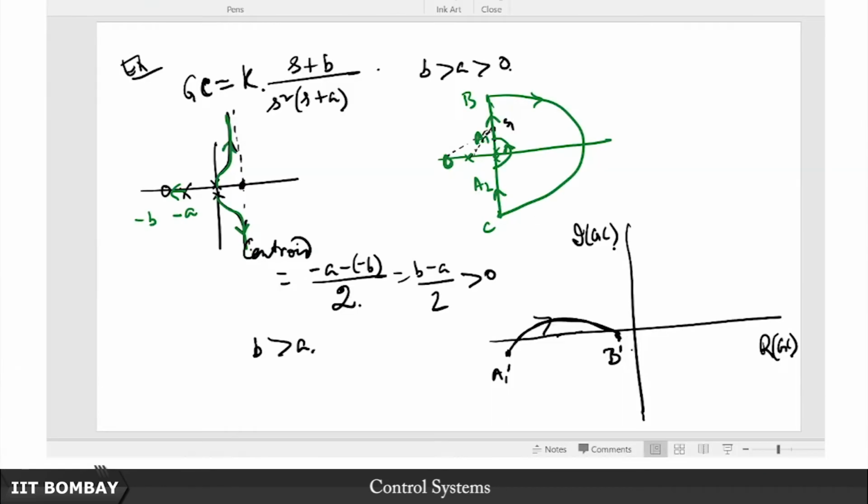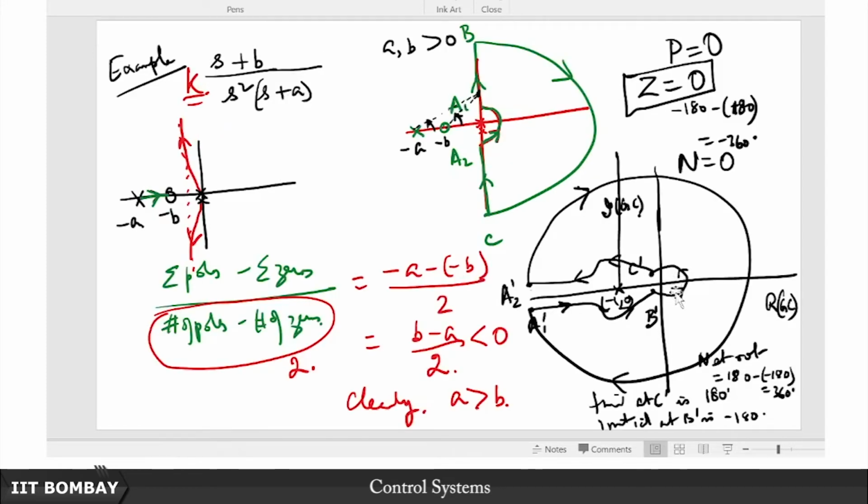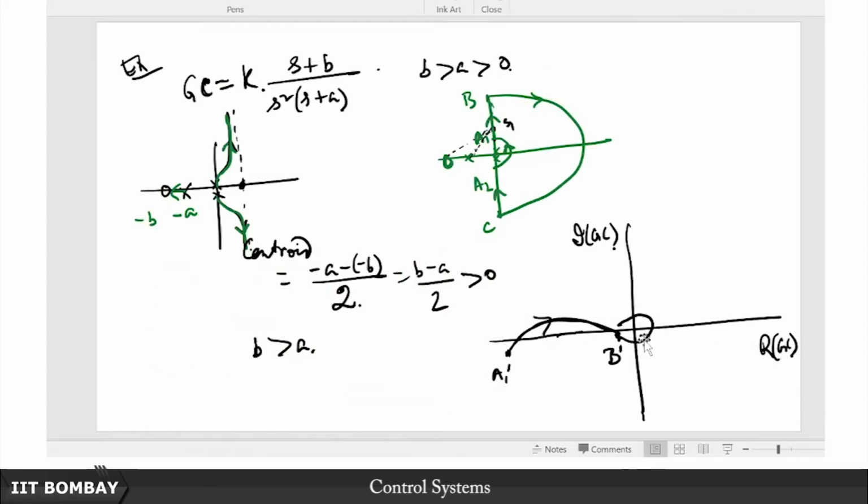Now, what about this B to C? The same conclusion once again holds. At B and C the phase contribution of this additional pole-zero pair is the same. So, there will be a rotation like this. Just like in the previous case, where we had a counterclockwise rotation of 360 degrees, here also we have a counterclockwise rotation of 360 degrees, and the remaining part, like I always say, this is going to be my C prime.